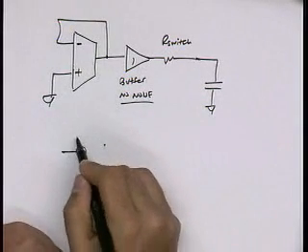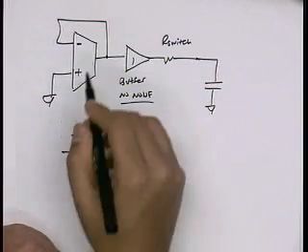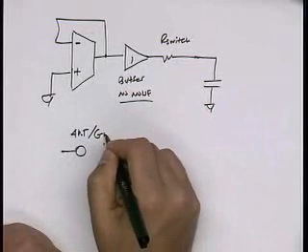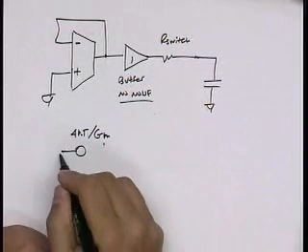So what's the noise equivalent circuit for this? Well, I have the equivalent output noise of this stage, which is 4kT over gm of the device.